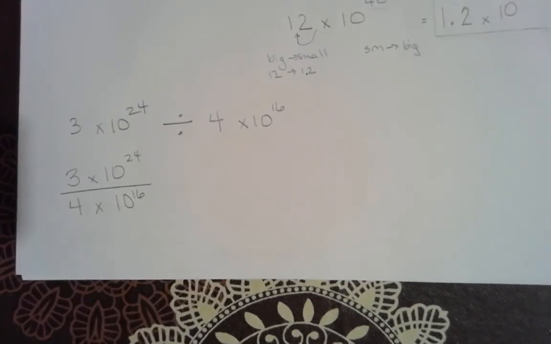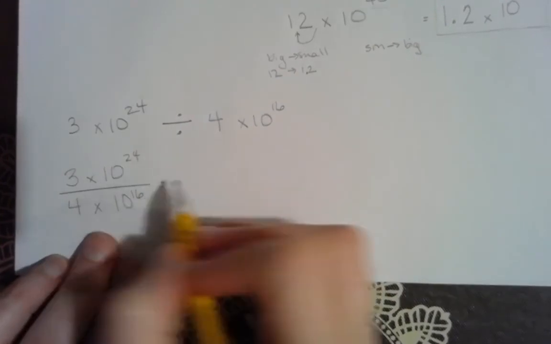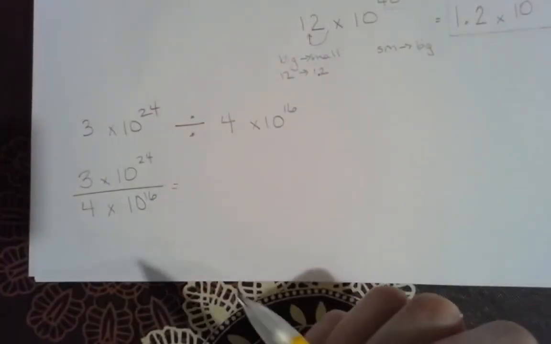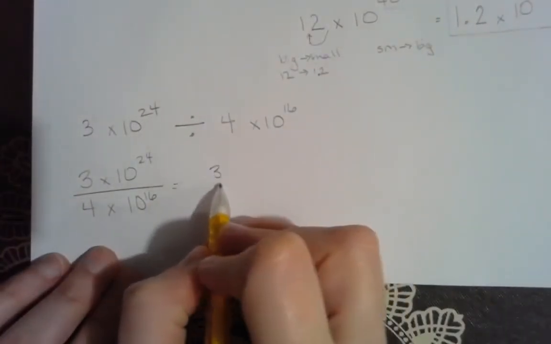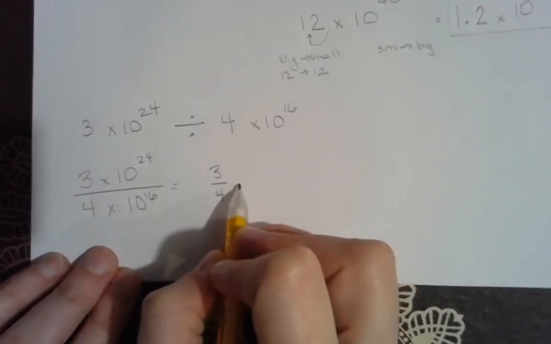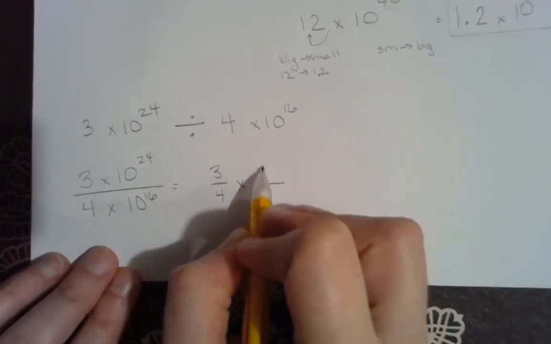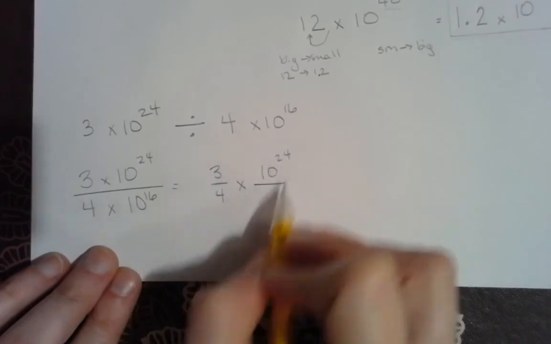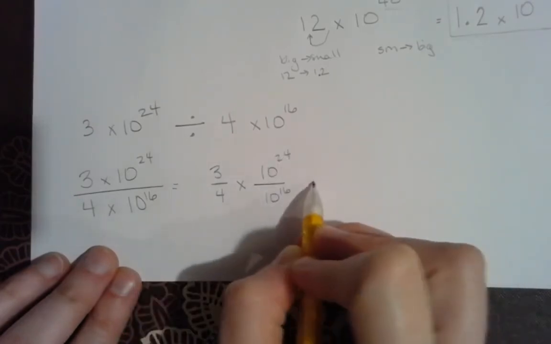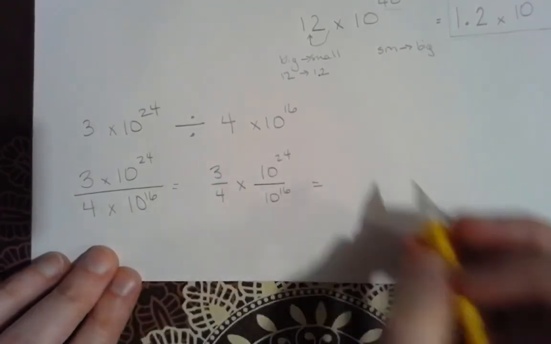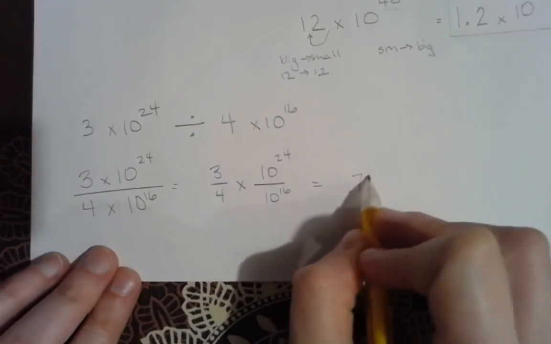Some stuff on the top, some stuff on the bottom. We're actually going to deal with this in a fairly similar way. So again, we're going to break it into our calculator numbers and our scientific notation numbers. In this case, your calculator number is 3 over 4 times, and here's all your scientific notation stuff. 3 divided by 4 is 0.75.